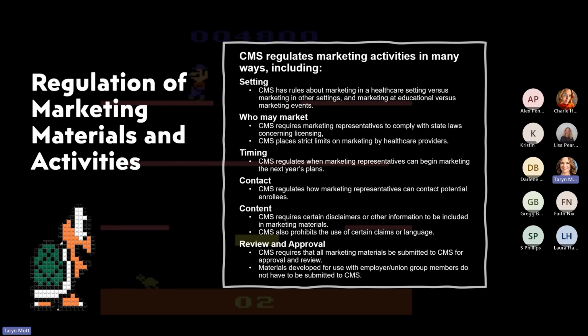CMS also prohibits the use of certain claims or language such as free, best, number one, whatever. Review and approval: CMS requires that all marketing materials be submitted to CMS for approval and review. Materials developed for use with employer or union group members do not have to be submitted to CMS. But as we learned earlier in this module, CMS can require to review them for accuracy.